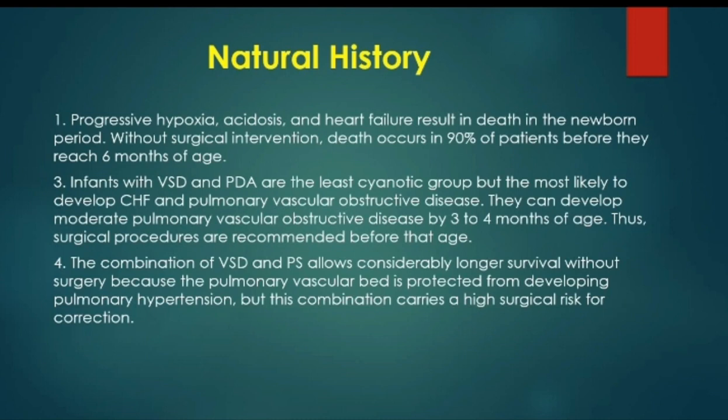Patients with VSD and PDA are less cyanotic and more likely to develop congestive heart failure, but these patients are more prone to develop pulmonary hypertension and pulmonary vascular disease early, by the age of 3 to 4 months. So any surgical intervention is recommended to be done before this age.